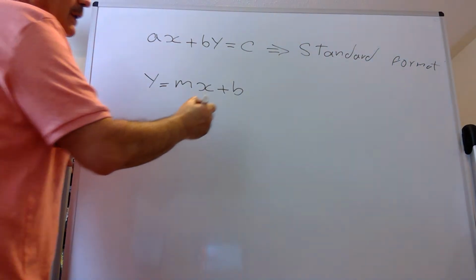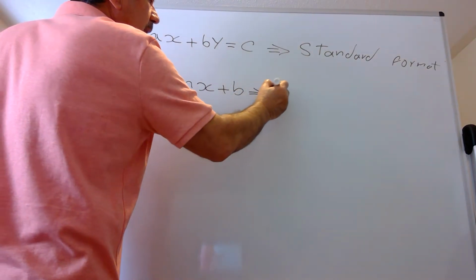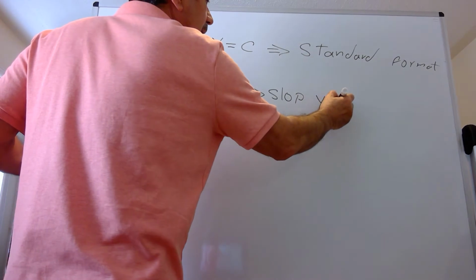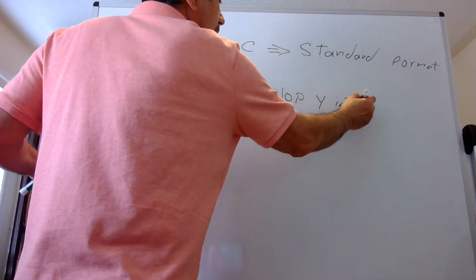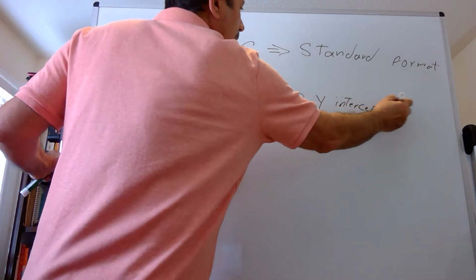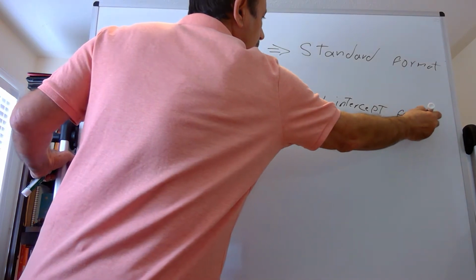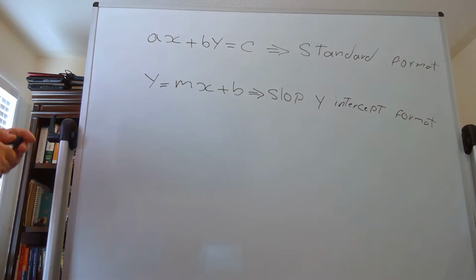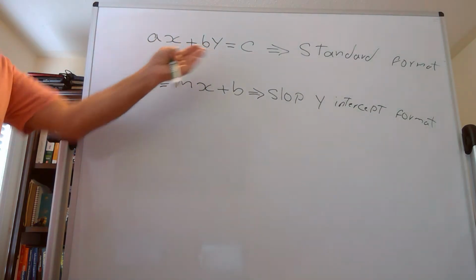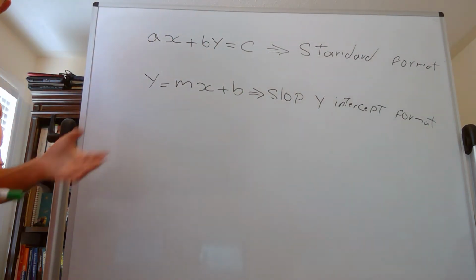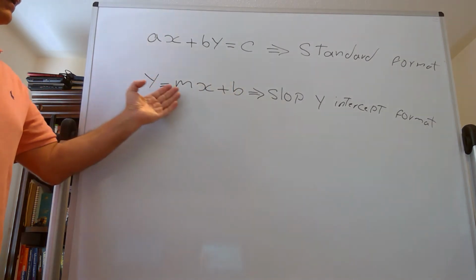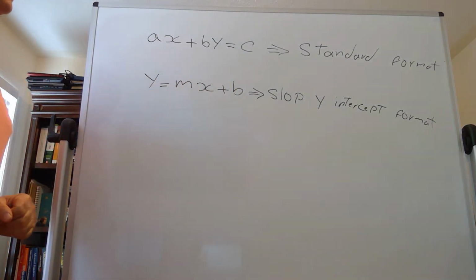The bottom one we call the slope y-intercept format.